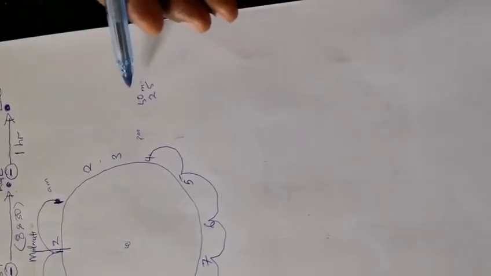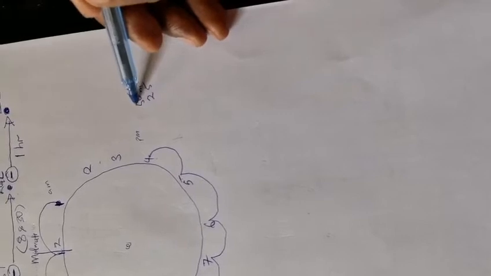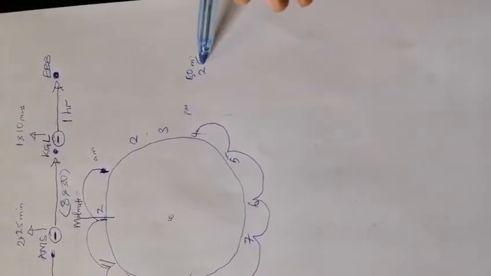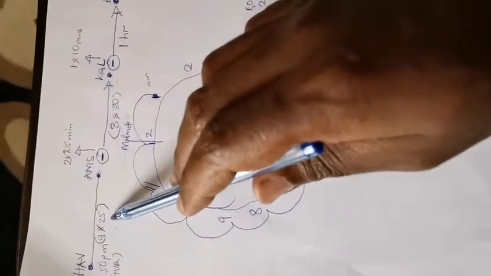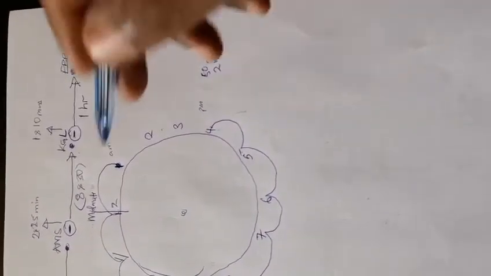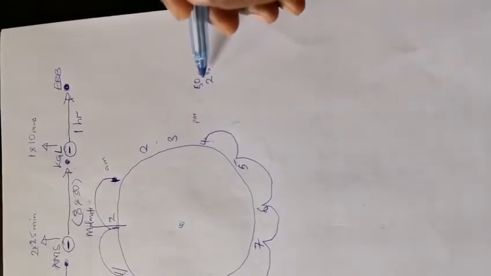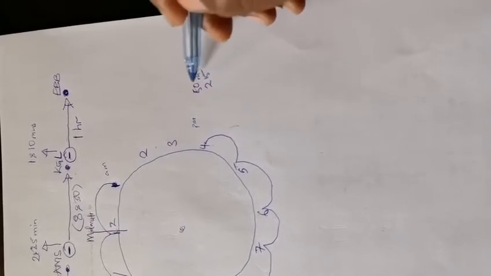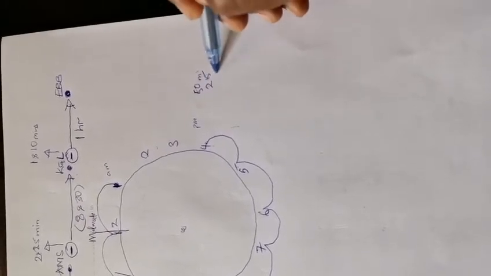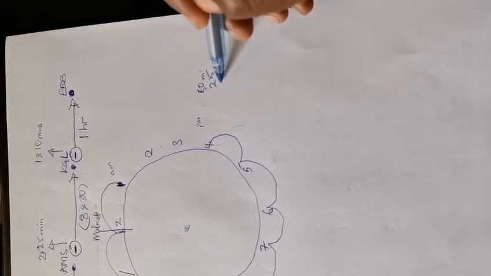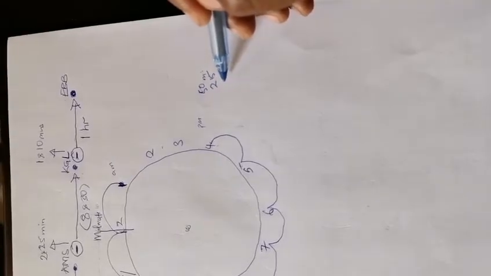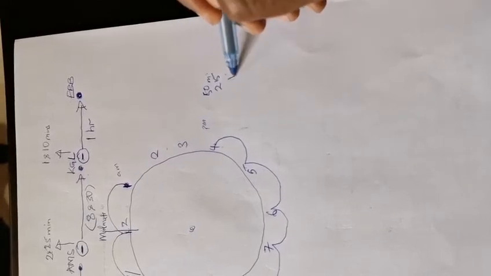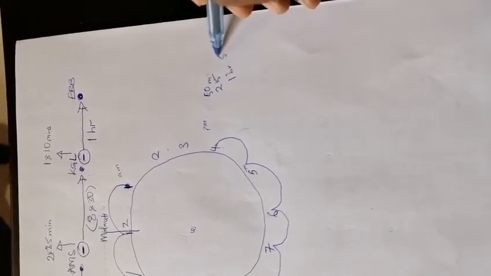But remember, we had put aside the 50 minutes and also the 25 minutes. So we are going to add them together so that we can also include them. So this gives us 1 hour and 15 minutes, isn't it? So we get 1 hour and 15 minutes.